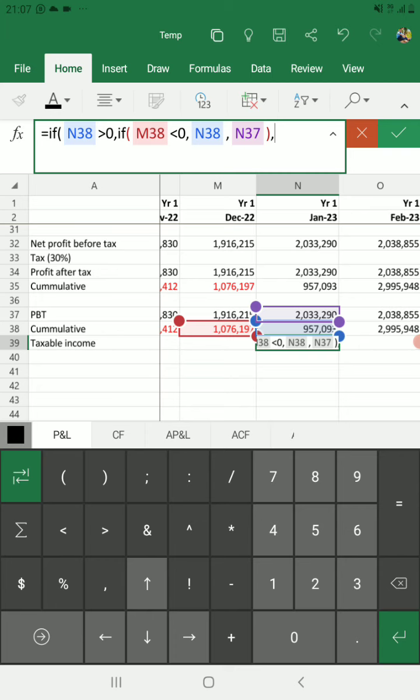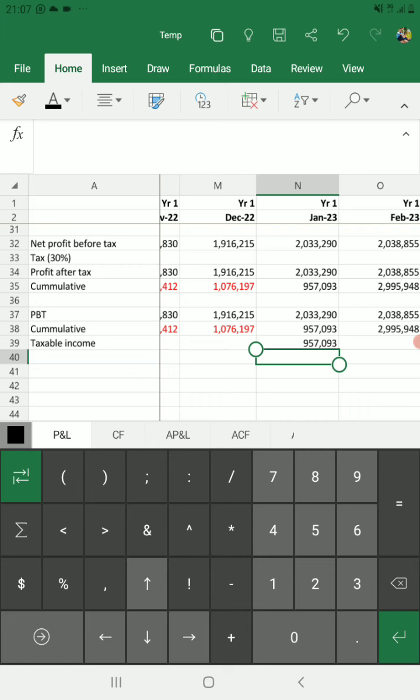So I end my syntax by putting 0, and then close the bracket. Let me count: left brackets 1, 2, and right brackets 1, 2. Okay, so enter.